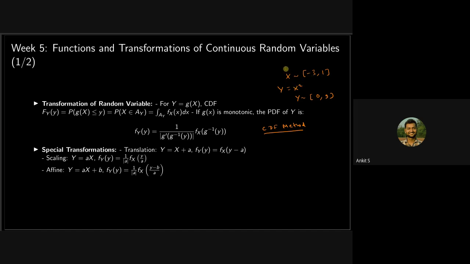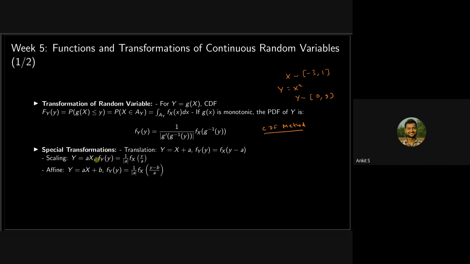It is first decreasing, then increasing. So for this, we cannot find the PDF of y using this formula. We will need to use the CDF method. For that, we will first calculate the CDF of y, and then we will find the PDF of y by just differentiating it. So it was a longer method. I think it was very challenging for a lot of students, but once you pay attention to it, it was not that complex.